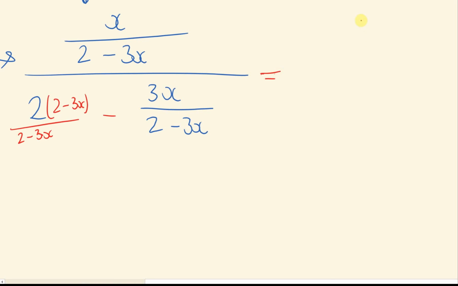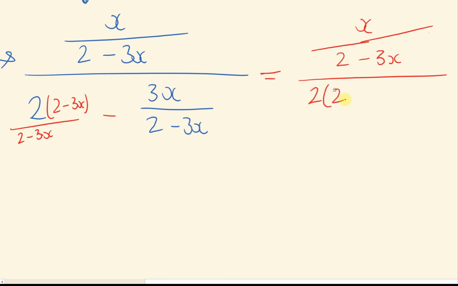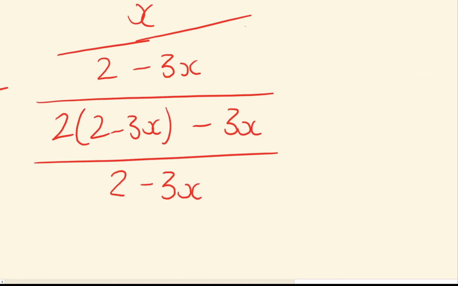So this now is going to be x over 2 minus 3x, all over, I've got 2 brackets 2 minus 3x, minus 3x, all over 2 minus 3x. Okay, so we've got a humongous mess, but again, things will cancel out. That's kind of like a recurring theme for the more exam-style questions. Everything will like miraculously cancel out. Well, not everything, but most things.